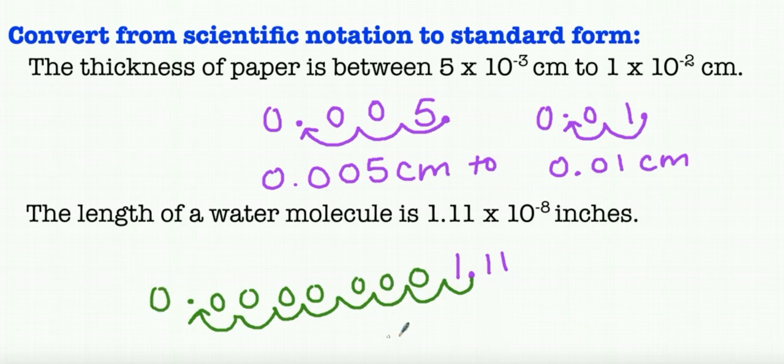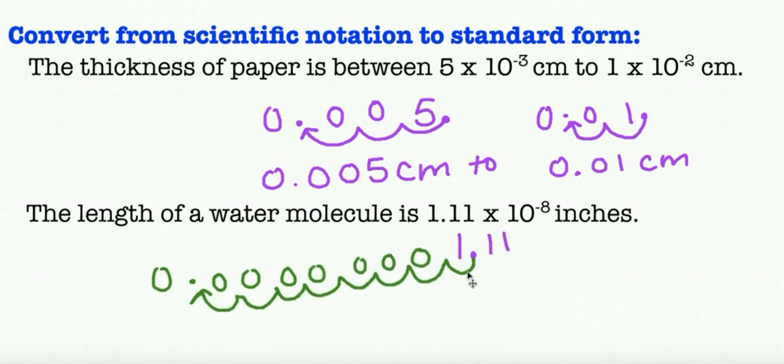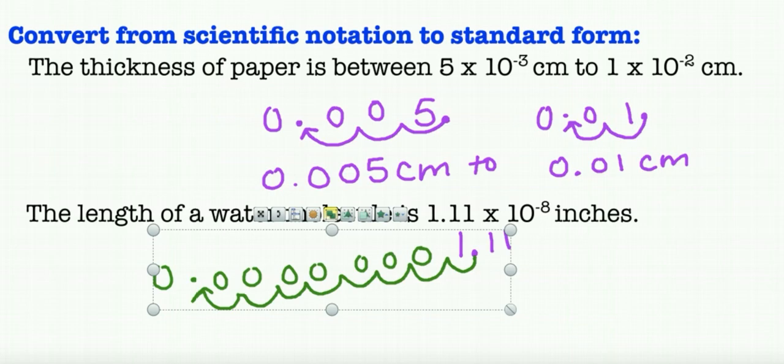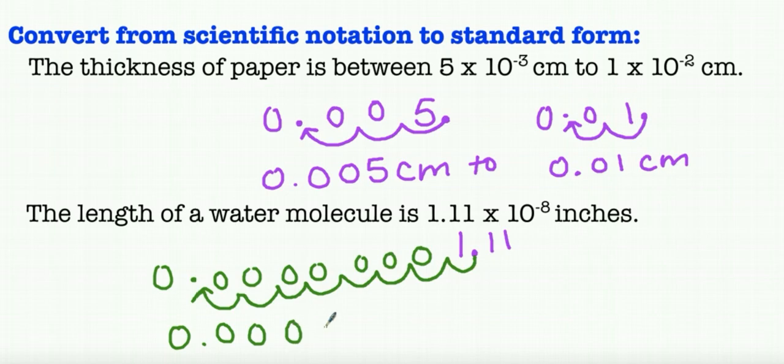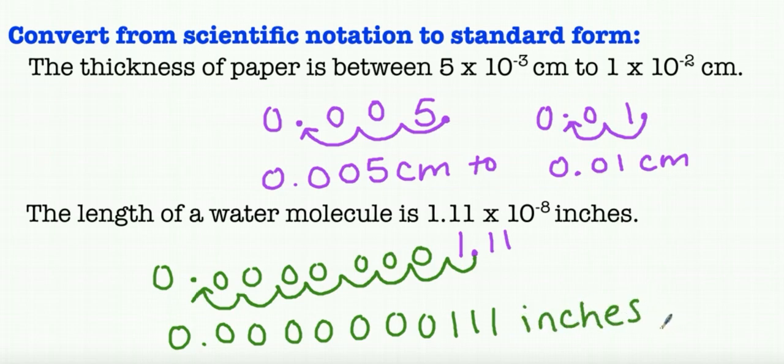And I'm just going to rewrite this so it's easier to look at. Okay, and as you can see, especially for this last one, it's easier for some very large or very small numbers to be written in scientific notation.